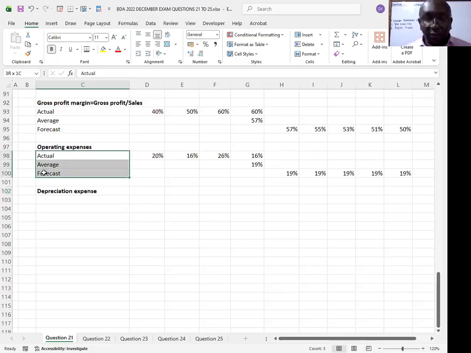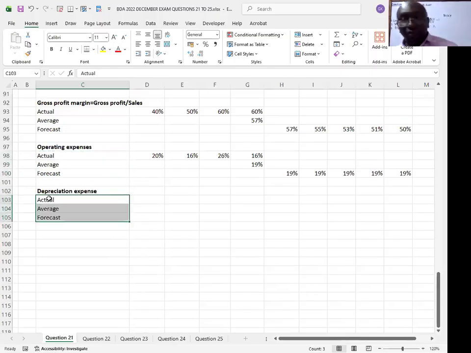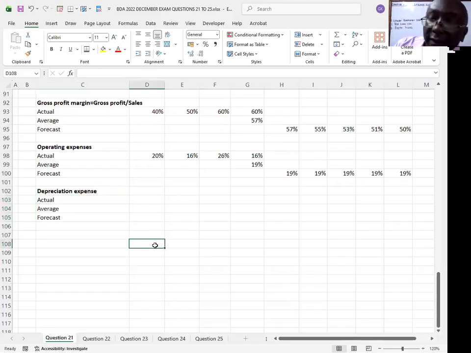Let's copy these ones. Control C, you come and put them here. Average. Shaweka hivyo.